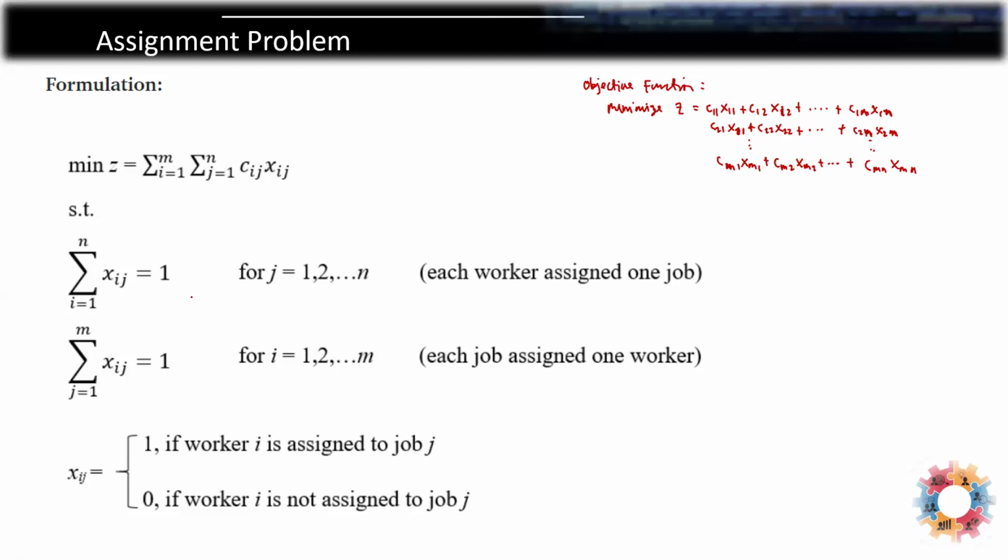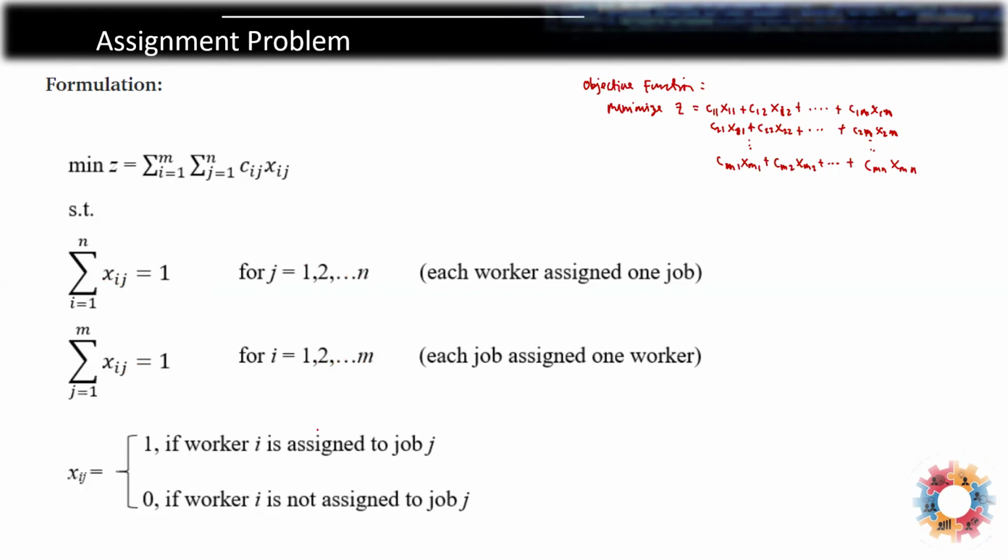And then these are your restrictions. The sum of x sub ij's is equal to 1, and the sum of x sub ij's is also equal to 1, for i equal to 1 to m, and for j equal to 1 to n.